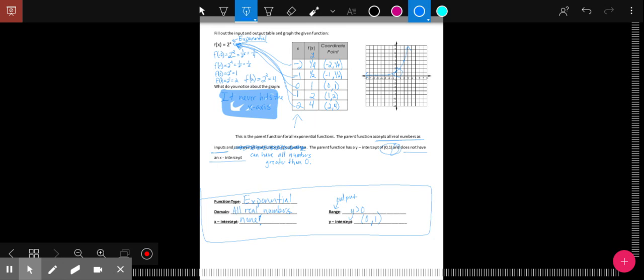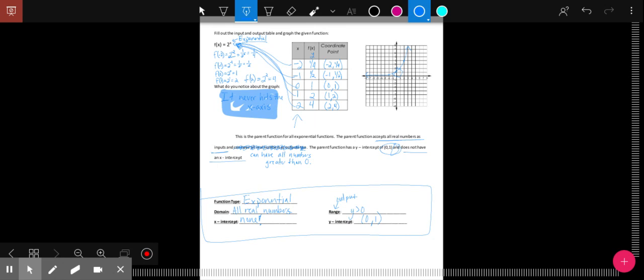And if you look at my graph, see how this is all in the positive area. There's nothing down here in the negative. Therefore, my range is going to be y is greater than or equal to 0, because it's everything that's greater than or equal to 0. And that's because we only got positive answers for my outputs.